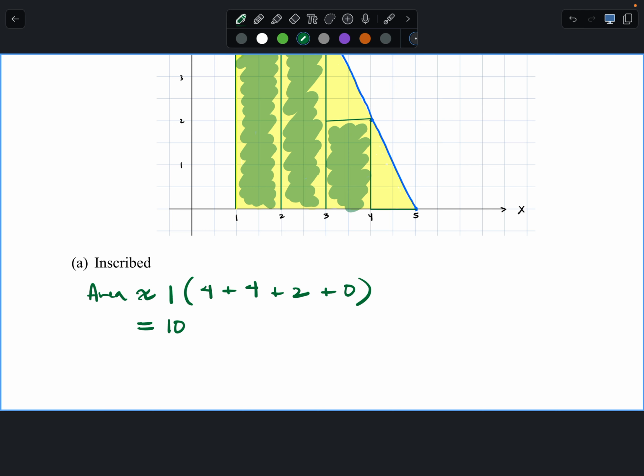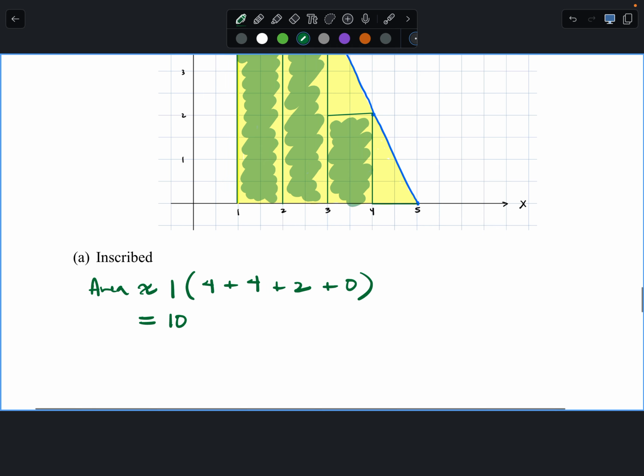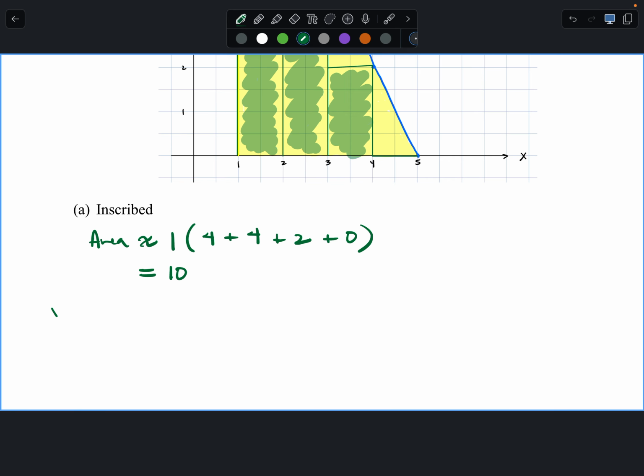When we use inscribed rectangles to approximate the area, this value is something that we refer to as a lower sum. Okay, so I'm going to write this out here.